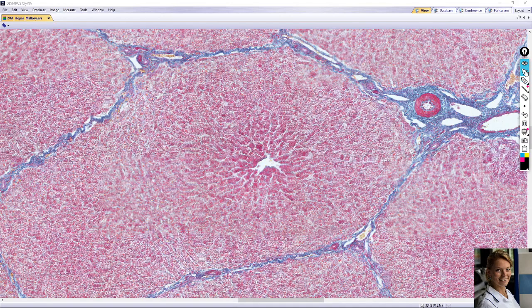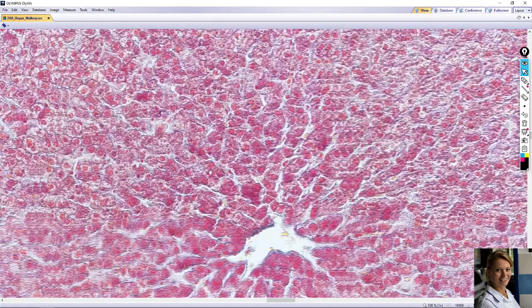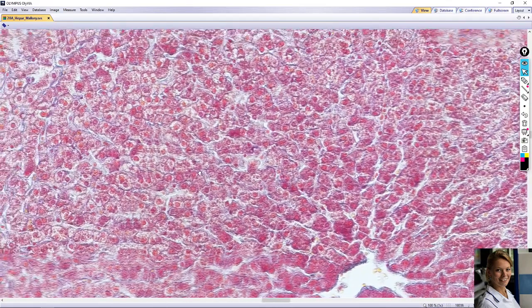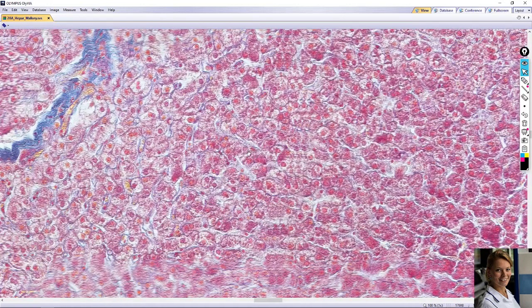These are big cells with a pale nucleus, and hepatocytes are arranged into cords, and between the cords or plates of hepatic cells are sinusoids.